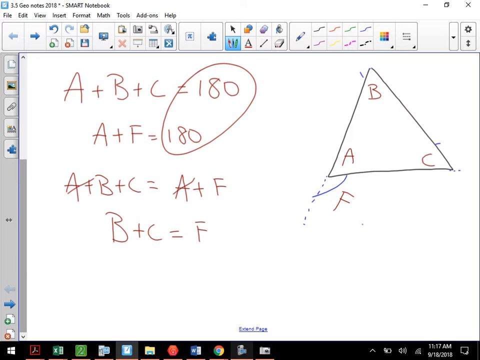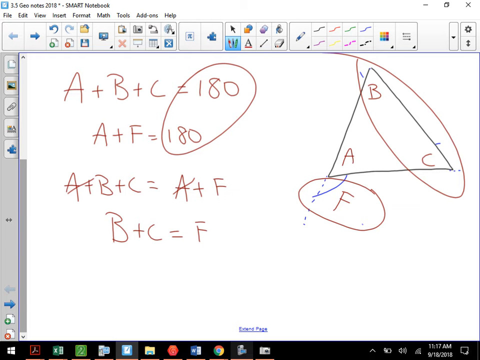That tells you that the outside angle has to equal the sum of the two it doesn't touch. You see that? This outside angle equals the sum of the two it doesn't touch. And it doesn't matter where you place that.